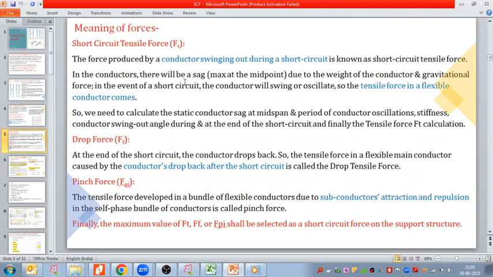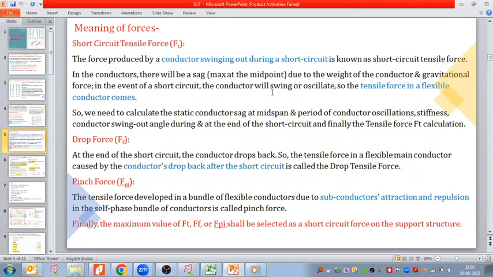Why sag in the conductor? Due to the self weight of the conductor, plus the gravitational force, the sag comes in the conductor. So in the event of short circuit, the conductor will swing along.